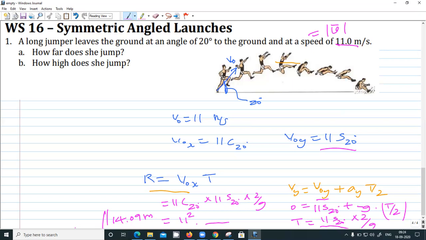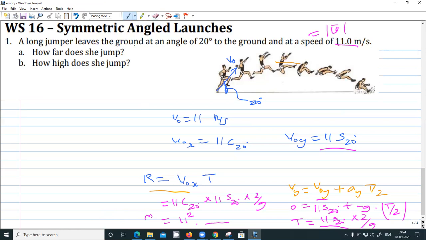Oh, no, I made a mistake when I was putting in my calculator. It's 7.96. What is the answer key? 7.96. Okay, you got it now? No, yeah, I made a mistake when I was typing it in. So now you got it correct? Yeah. Okay.